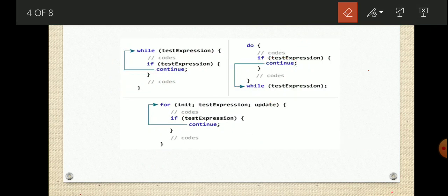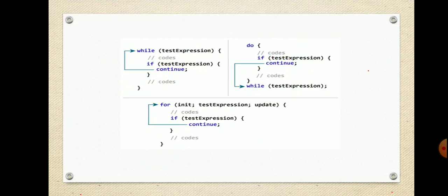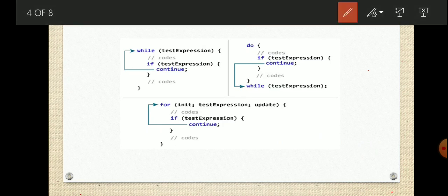Now we'll discuss the continue statement. Same with continue. In the while loop, if the test expression is true, then we encounter the continue statement. Whenever we encounter a continue statement, we instantly go to the while. The rest of the code we leave there only.